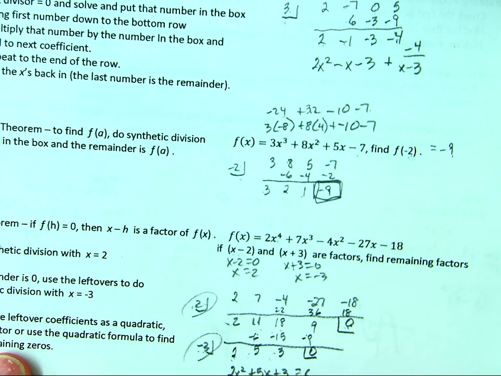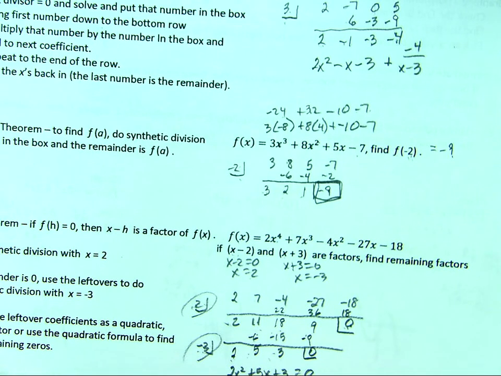Well, I'm going to see if that factors. Yeah, I think that one does factor. Let's see, 2x and x, two factors of 3. How about if I put a 3 here and a 1 here?